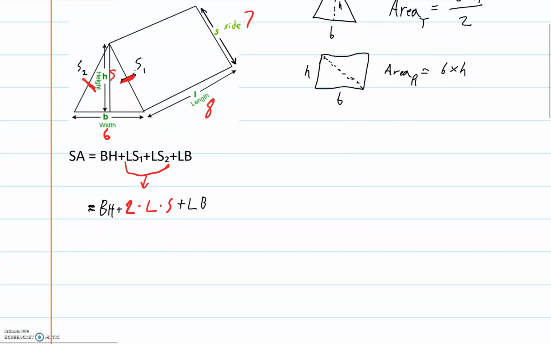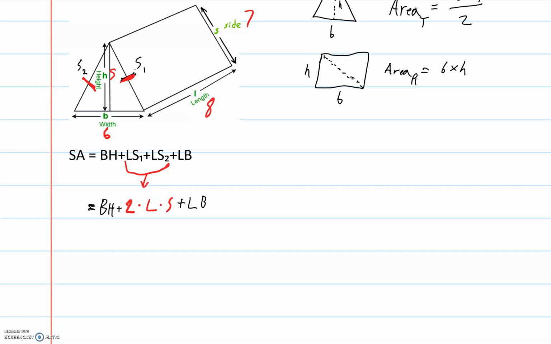Now all we do is we plug in our numbers and we go for it. So base times height is 6 times 5 plus 2 times what's length is 8 times side is 7 plus length is 8 times base is 6. So let's calculate these out. We have 30. We have 48 over here.